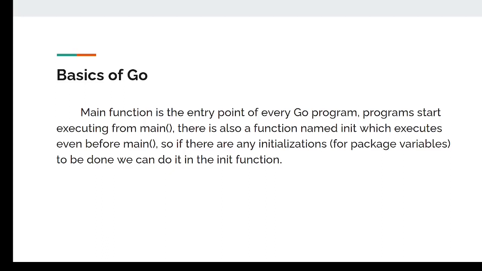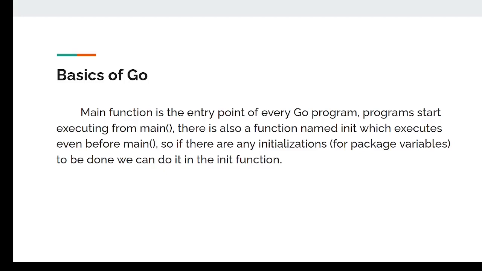The main function is the entry point of every Go program. The program starts execution from main. So main is a function. Basically, a function is what is leveraged in procedural languages and has a single responsibility.